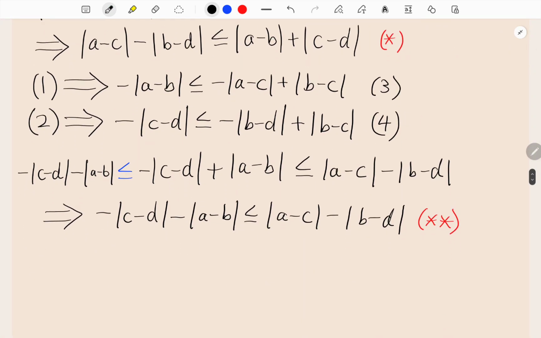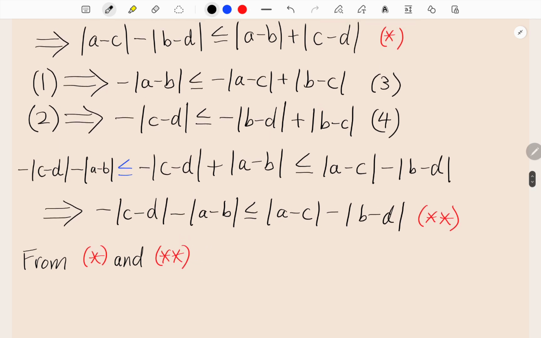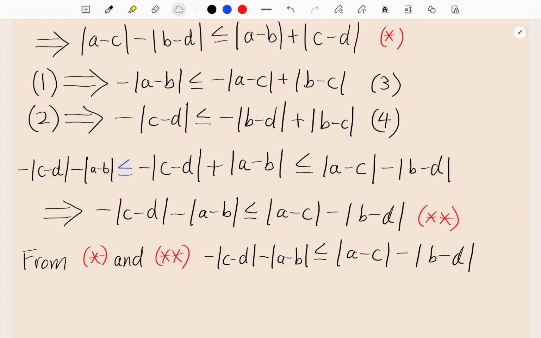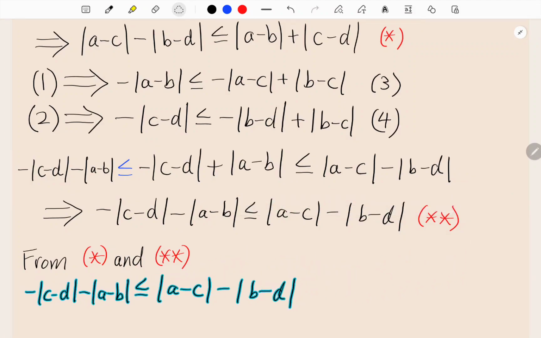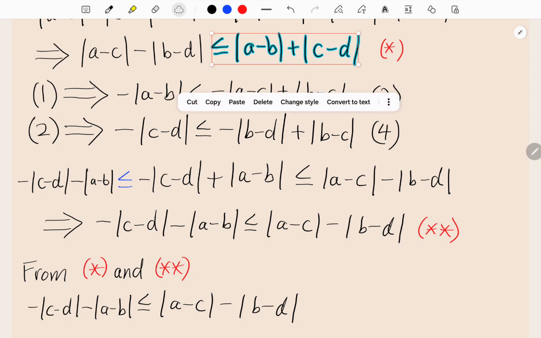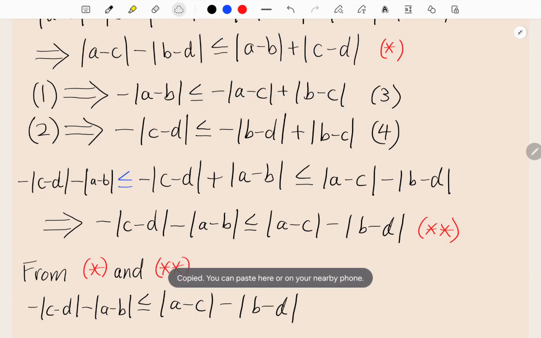So from inequality star and inequality star star, I get that negative absolute value c minus d minus absolute value a minus b is less than or equal to the absolute value of a minus c minus the absolute value of b minus d, which we found over here is also less than or equal to the absolute value a minus b plus absolute value c minus d.